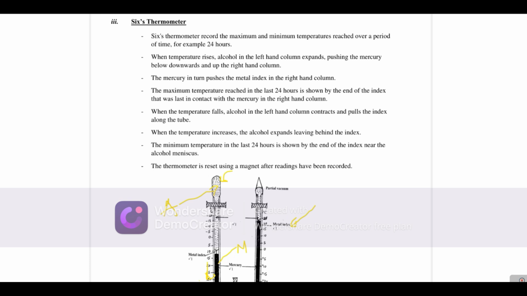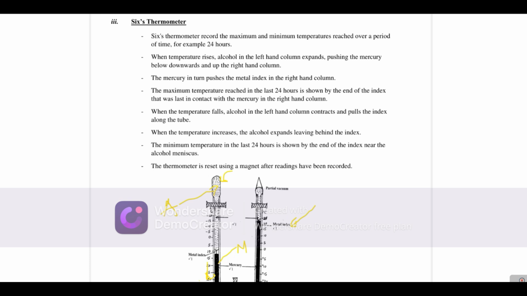That gives us the maximum temperature reached in the last 24 hours, shown by the end of the metal index that was last in contact with the mercury in the right hand column.